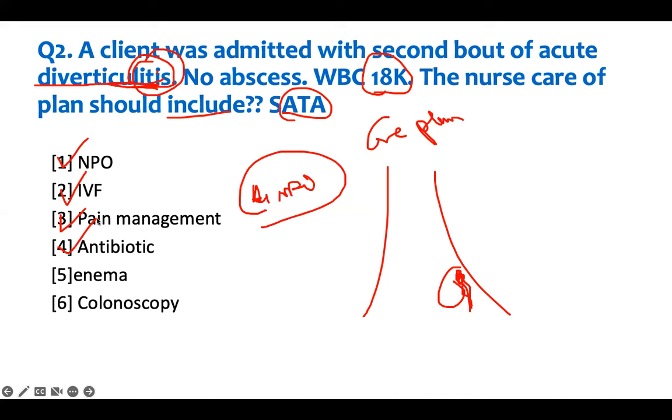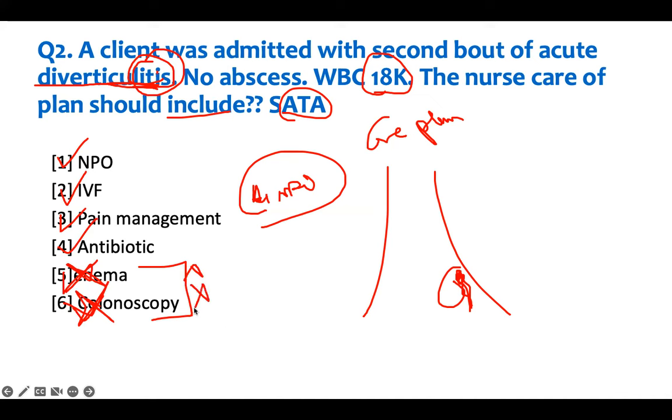Therefore, you don't want to do anything that will cause more inflammation or perforation. An enema will do that, and a colonoscopy too. Nothing goes into the rectum because it's already inflamed and it's going to perforate. So you don't give them an enema, and they don't get a colonoscopy. So these two are wrong.